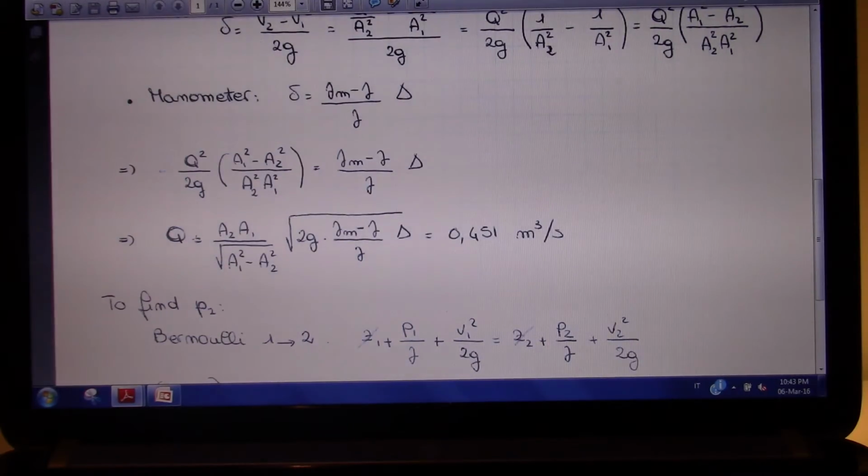So Q is exactly the expression that we have found before, and it is equal to 0.451 meters to the power of 3 over second.